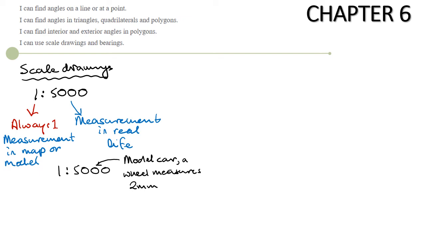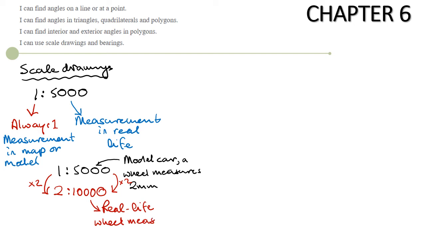Since it's a model measurement, the 2 goes underneath here on the model side, the map side. That means we times by 2, times by 2. So the missing number here is 10,000. So that means that in real life, the wheel measures 10,000 millimeters.